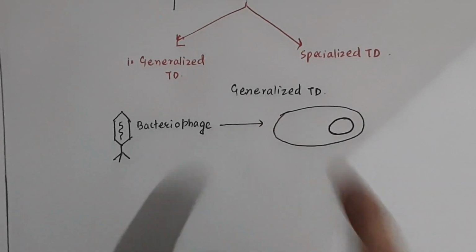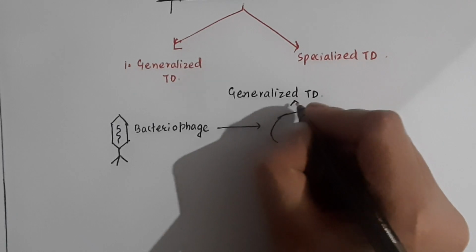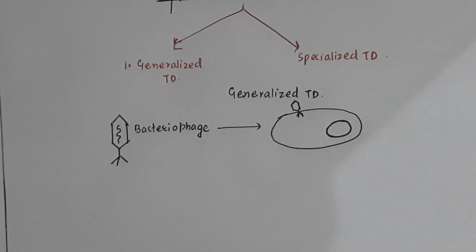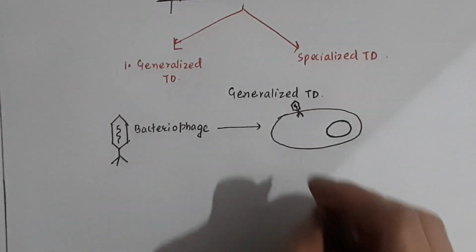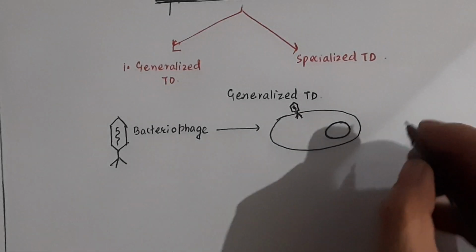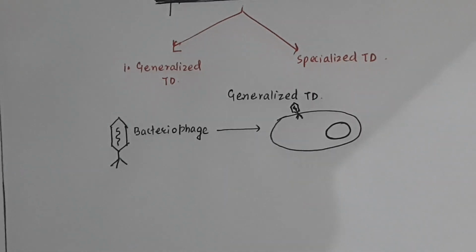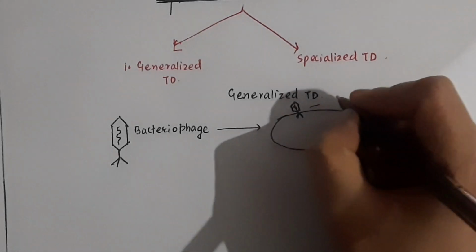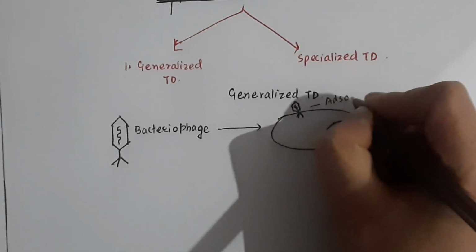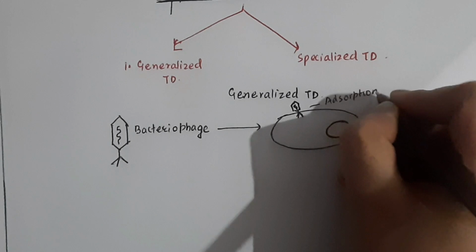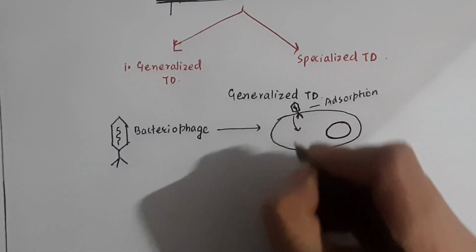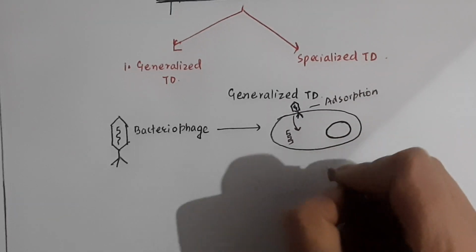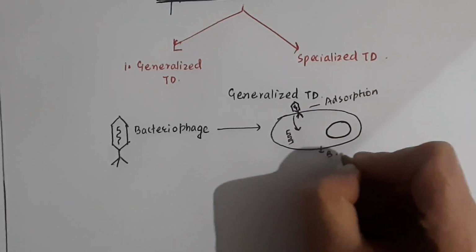First of all, adsorption occurs, and then penetration of this phage into the host's cytoplasm occurs. This is the bacterial cell.